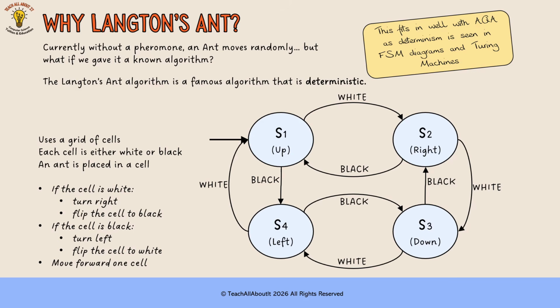Now, because we are only moving anti-clockwise or clockwise by 90 degrees essentially, it allows us to then move forward by 1 cell, depending on which way that we are facing. So in this case, it is absolutely deterministic, because we can say if you are facing up, and the cell you are currently on is white, you will end up facing right, and then you will move forward 1 cell.